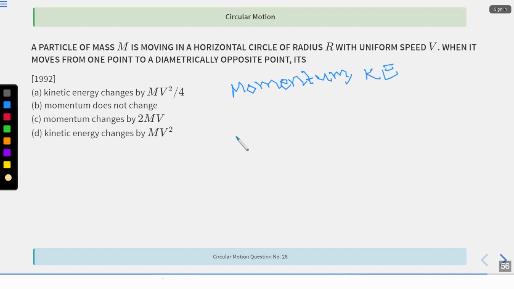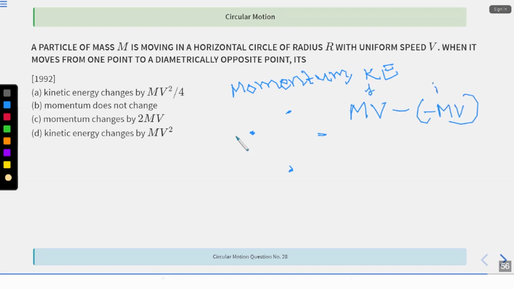Okay, so on the diametrically opposite points, velocities have the same magnitude but opposite directions, right? So let's just say this and this, or even this and this. So here the velocity magnitude will be the same, directions will be opposite. So basically, if we talk about the change in momentum, it'll be first mv minus of minus mv. This is final.